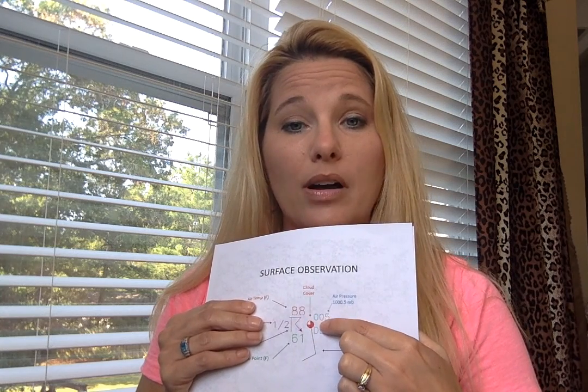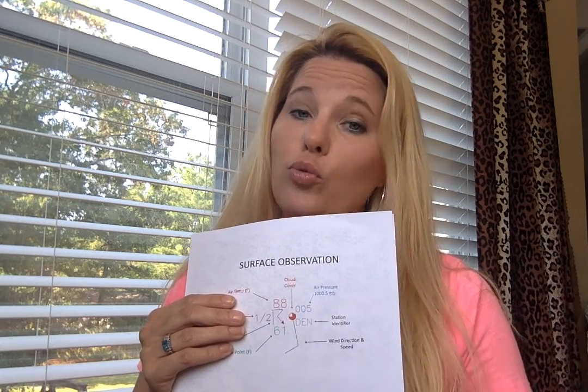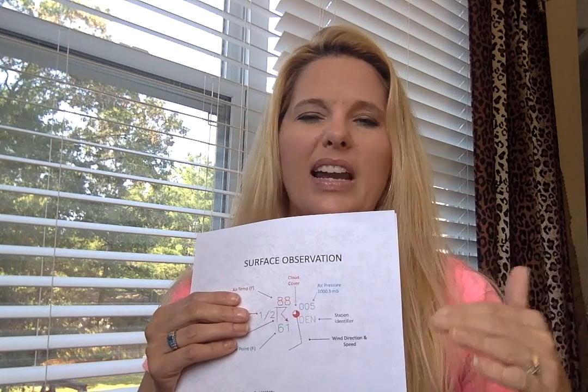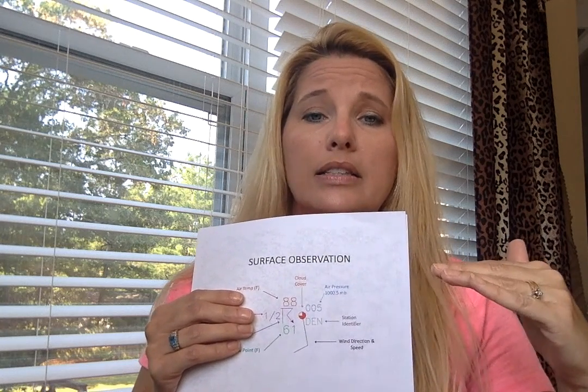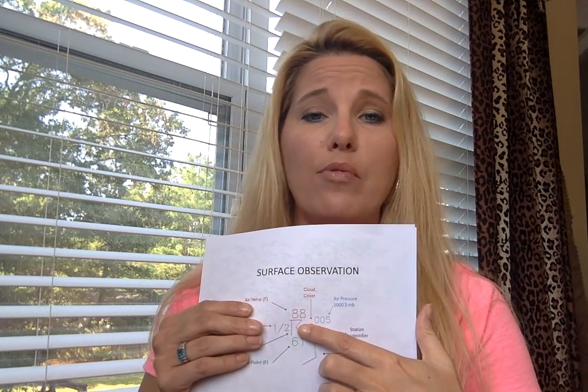Since we have 005, what that represents is 1,000.5 millibars. It's registered in millibars, and again, there's a decimal there. If you will recall, standard atmospheric pressure is 1,012 millibars. So that kind of gives you a reference to tell us if we're under high pressure or low pressure. Even in a hurricane, pressures don't get near 900, so that's why we are able to say whichever gives you closer to 1,000.